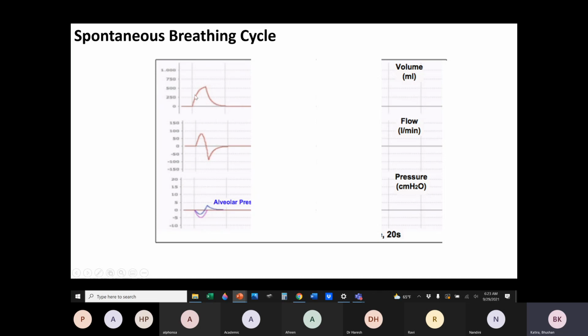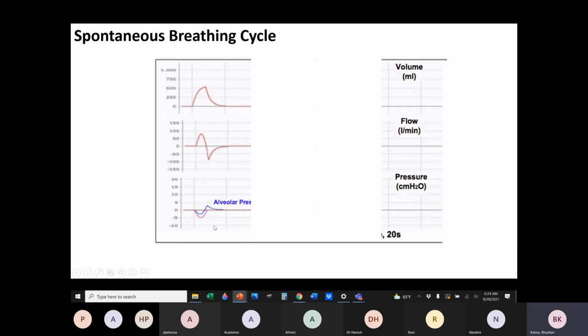Now, if we look at spontaneous breathing, and if you are able to measure tidal volume, which is this one, and flow, then naturally we are kind of pressure controlled breathers. We generate a negative pressure and the volume comes in. We don't fix the tidal volume in our brain or anywhere. The brain sends an electrical signal to the diaphragm, which determines the pressure.